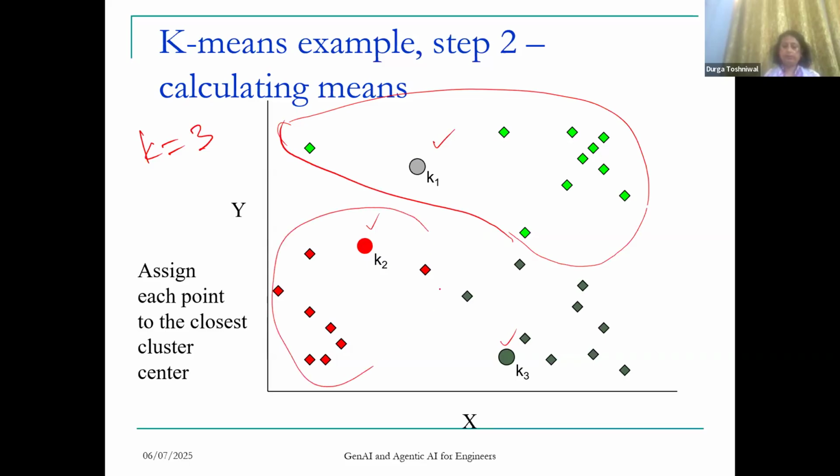These points have been allocated to K2, and these have been allocated to K3. Now, after the first iteration, when the points have been allocated by finding out their distances with respect to K1, K2, K3, the next step is we'll again find out the mean of all the points in a given cluster. For example, all these green points will be used to find out the new means.